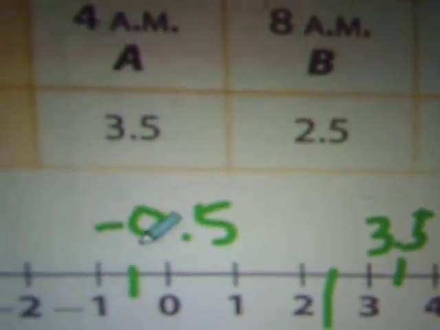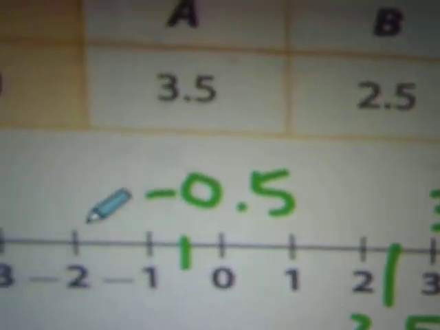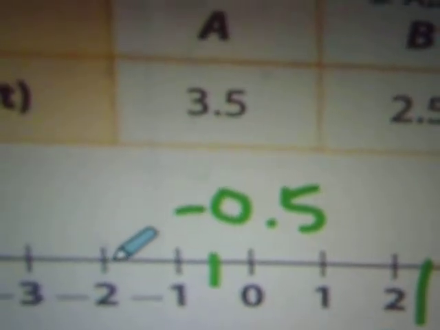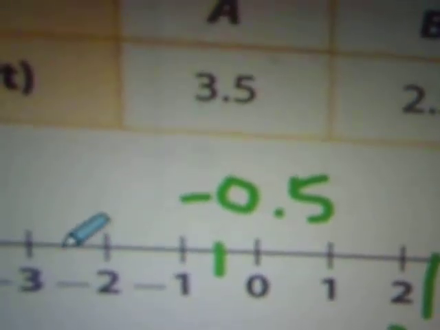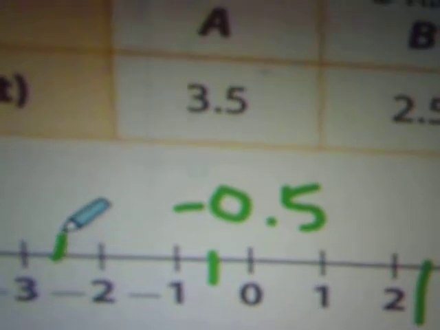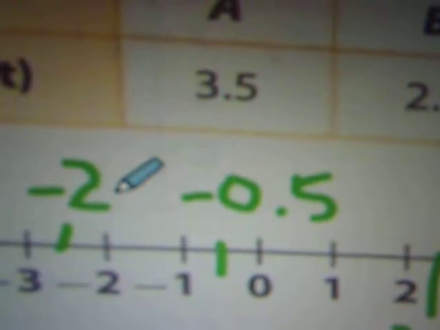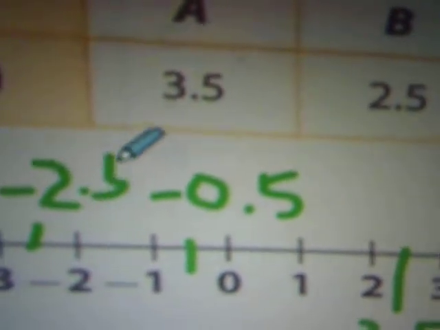So we must count. Here's -1, here's -2. Now we must go 5/10 more, or 1/2. So in between the -2 and the -3 is -2.5.